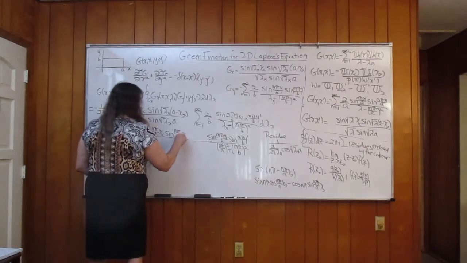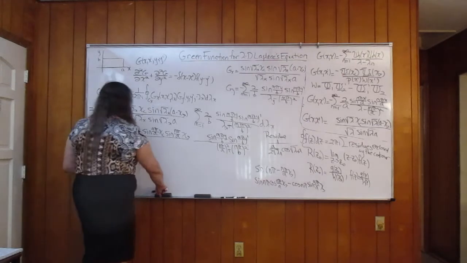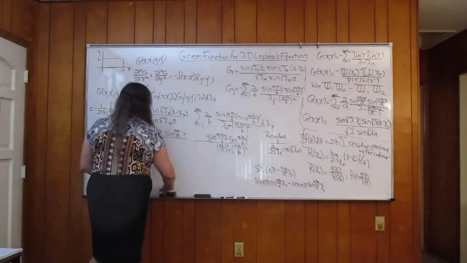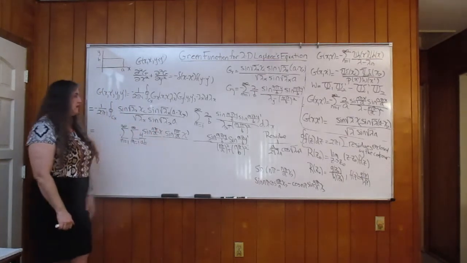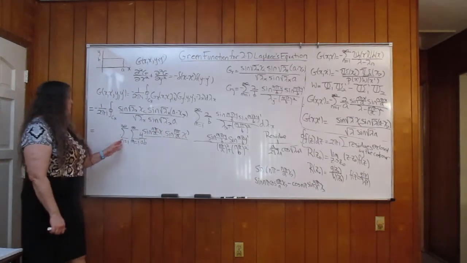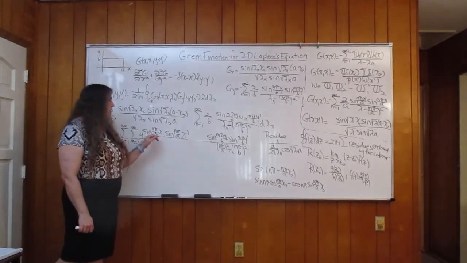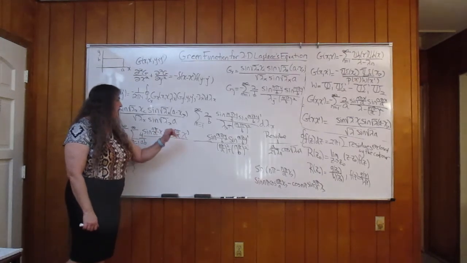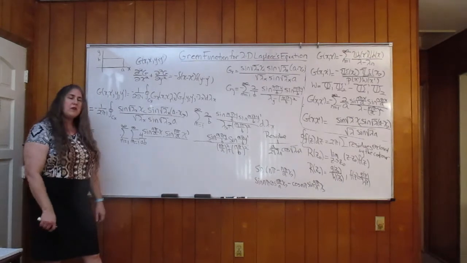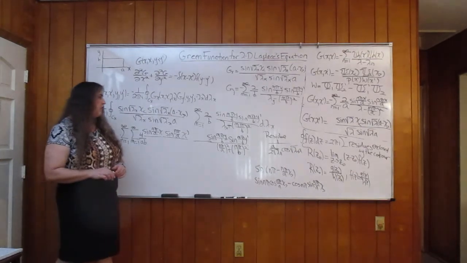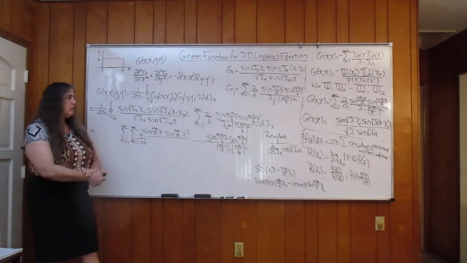And we'll be left with sine n pi over a x greater than, but again, using the same reasoning as before, that's just the same thing as if we just mark one as x and the other one as x prime. So when we read it off, your solution is summation n equals 1 to infinity, m equals 1 to infinity, 4 over ab, sine n pi x over a, sine n pi x prime over a, sine m pi y over b, sine m pi y prime over b, all over n pi over a squared plus m pi over b squared. And that's your answer.